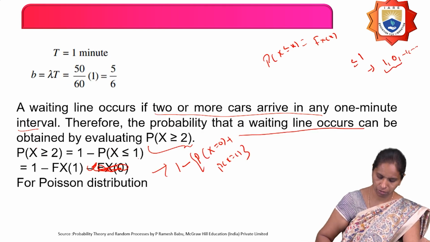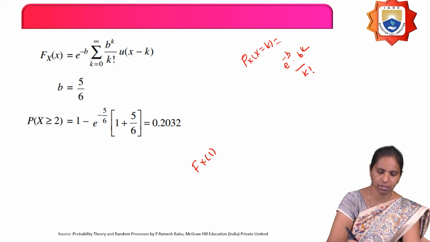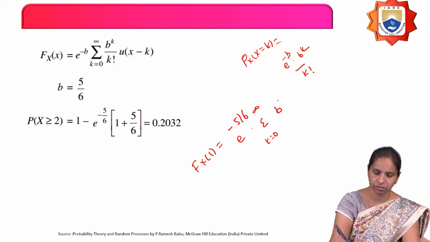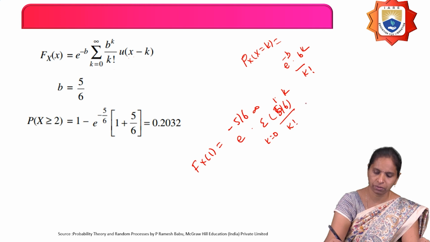We can write down Fx of x equals e power minus b into the sum over k from 0 to infinity of b power k by k factorial into u of x minus k. Now, what is Fx of 1? It is e power minus 5 by 6 into the sum over k from 0 to infinity of (5 by 6) power k by k factorial into u of x minus k.